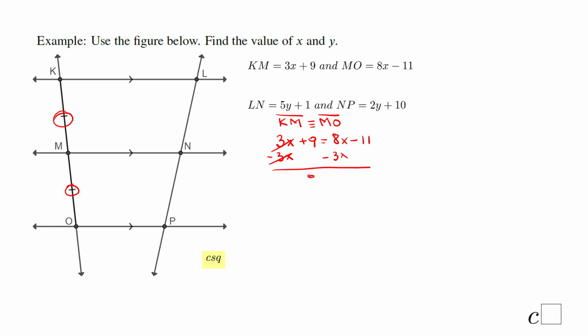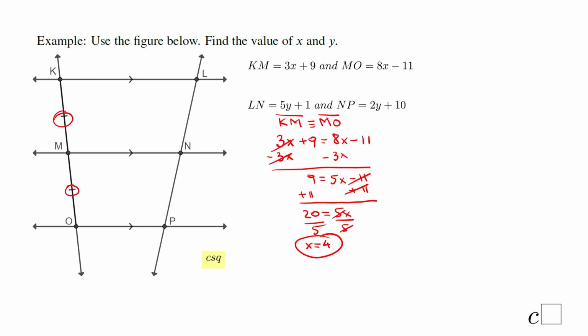And I have 9 equals 5x minus 11. I'm going to add 11. And I have 20 equals 5x, which allows me to find x very fast. Divide by 5, x equals 4.